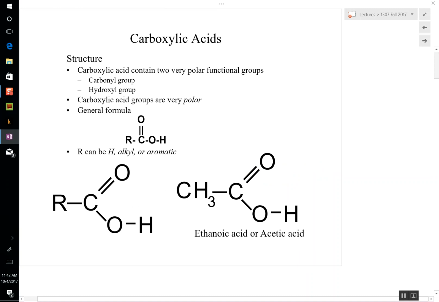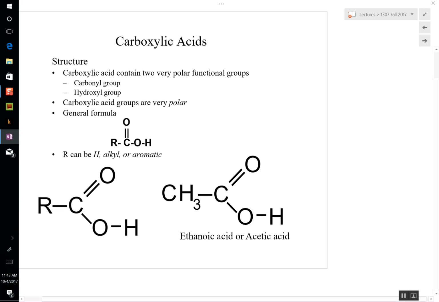All right, this is very polar. This is even more polar than alcohols. You have an OH bond right here, which is a polar bond, but even more so, you have the electrons being pulled in this direction, and this becomes an acidic hydrogen. It can dissociate off in water.